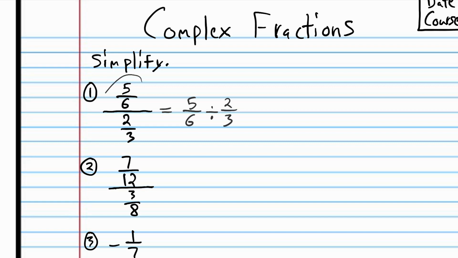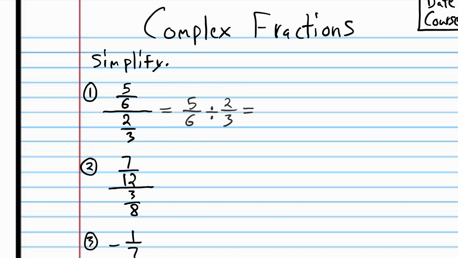All I did was change this expression to this expression, and it's just a different way to write it. So again, the fraction symbol can be interpreted as a division symbol. Again, we learned that in previous classes and courses. So now, as you can see, all we're doing is just dividing fractions.